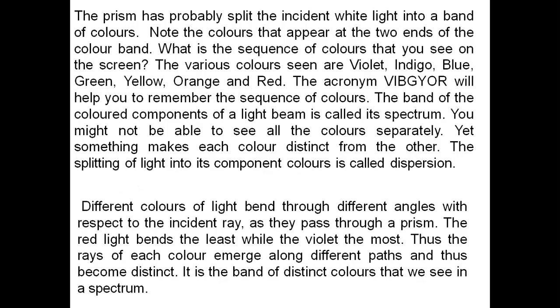So the prism has split the incident white light into a band of colors. The various colors seen are violet, indigo, blue, green, yellow, orange, and red. VIBGYOR helps you remember the sequence of the colors.